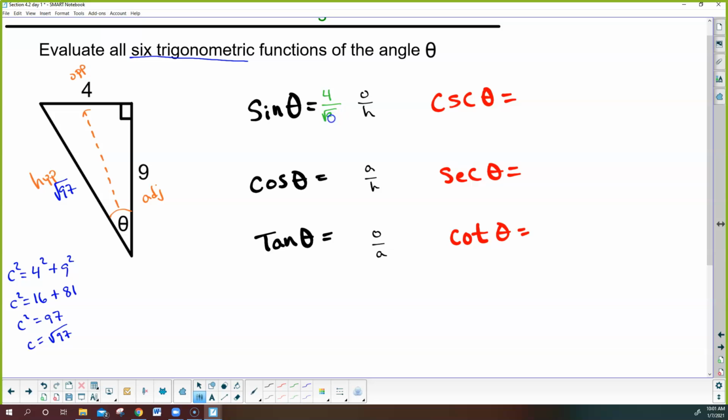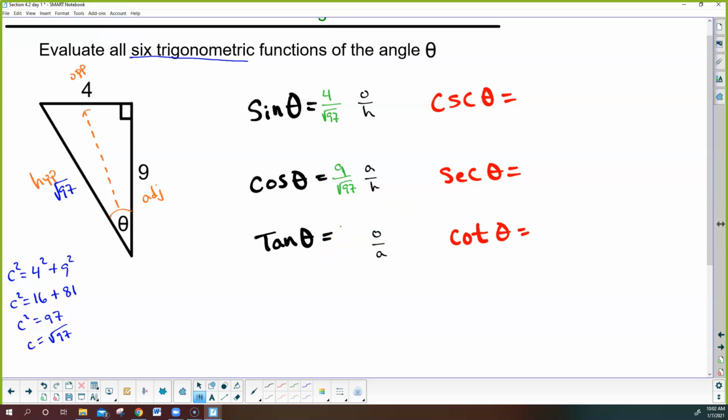The hypotenuse is square root of 97. Now I know right away you're thinking in geometry, we never really liked this square root on the bottom. We're going to deal with that in a second. I'll show why I don't want to deal with it yet. All right. And then the adjacent is 9, and the hypotenuse is the square root of 97.